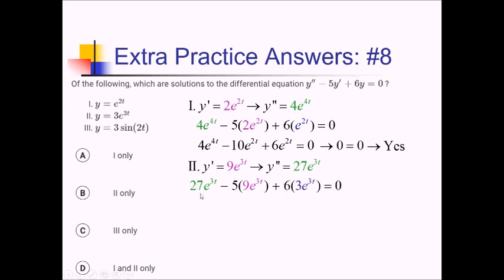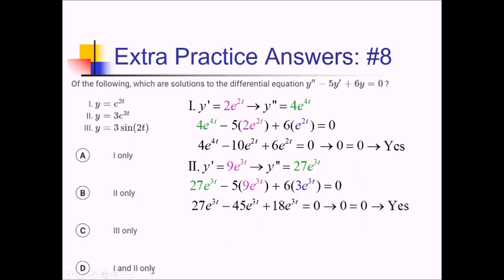So this is 27e to the 3t minus 45e to the 3t plus 18e to the 3t equals 0. 27 minus 45 is going to be negative 18e to the 3t plus 18e to the 3t comes out to 0. So we've got 0 equals 0 again, also a true statement, so that's a yes.